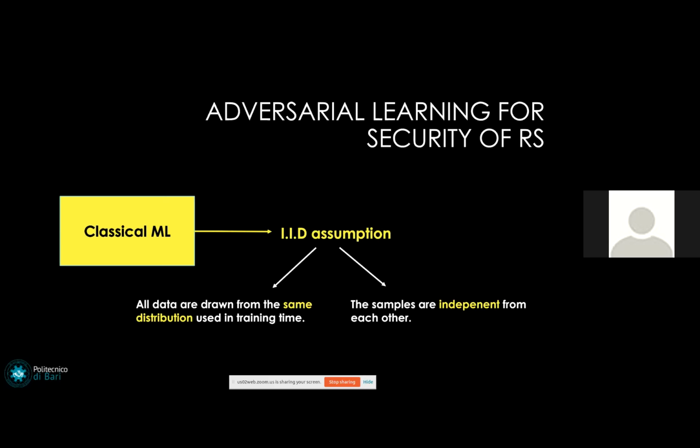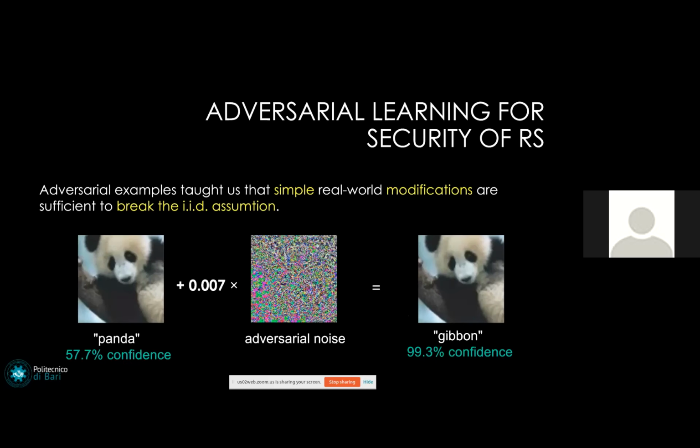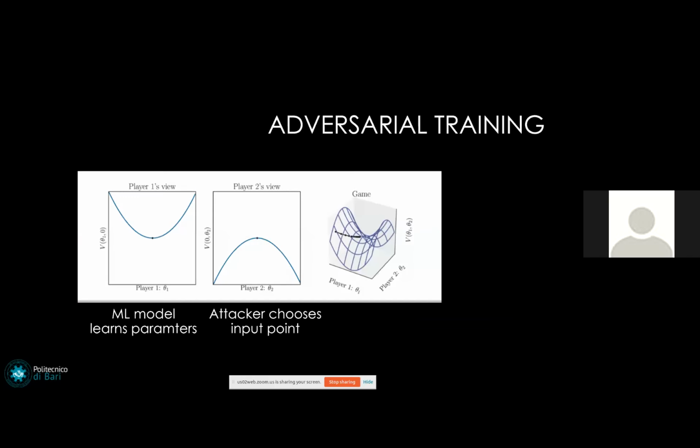In fact, adversarial examples, sorry, let me correct this word, adversarial examples taught us that simple real-world modifications are sufficient to break the IID assumption. And on the defensive side, we don't have a full solution yet, but so far, one of the best solutions has been adversarial training. And we're going to talk about this more in the following slide.